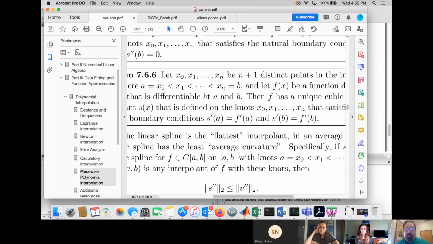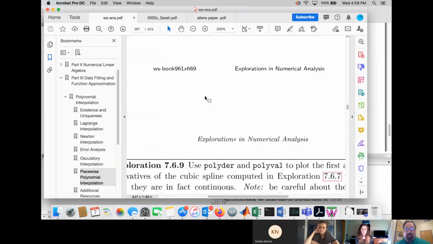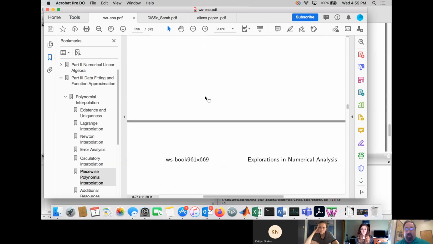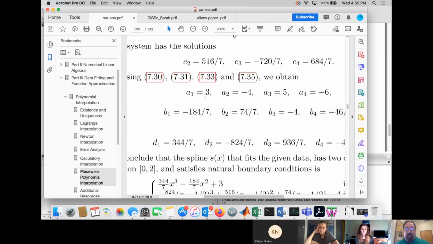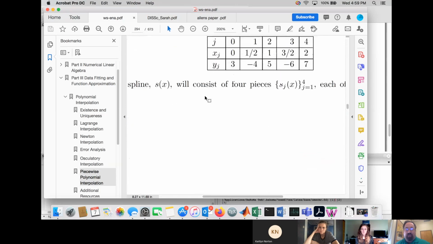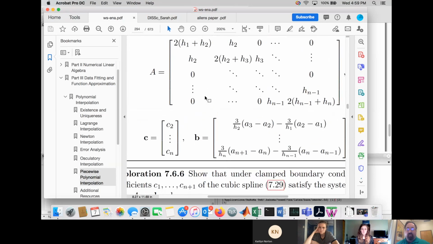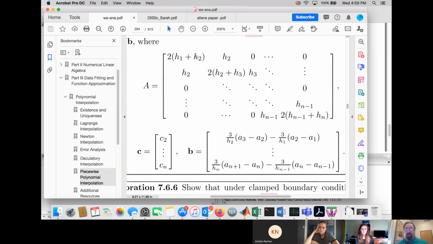And even though this is not really a numerical linear algebra class, it's worth pointing out that you look at the system of equations that describes the cubic spline for natural or clamped boundary conditions. Okay, here it is. Notice this matrix has at most 3 non-zero entries in each row. So it's called a tridiagonal matrix.